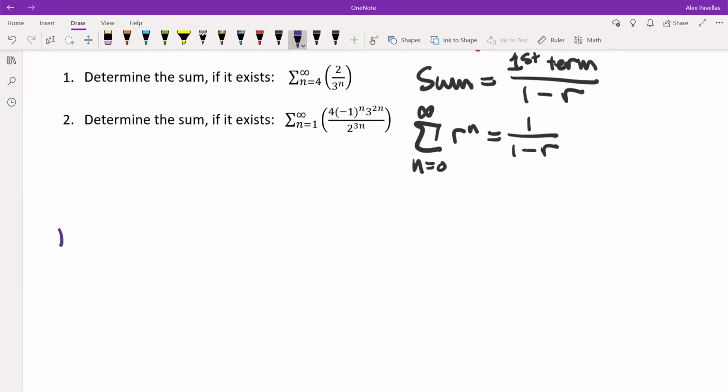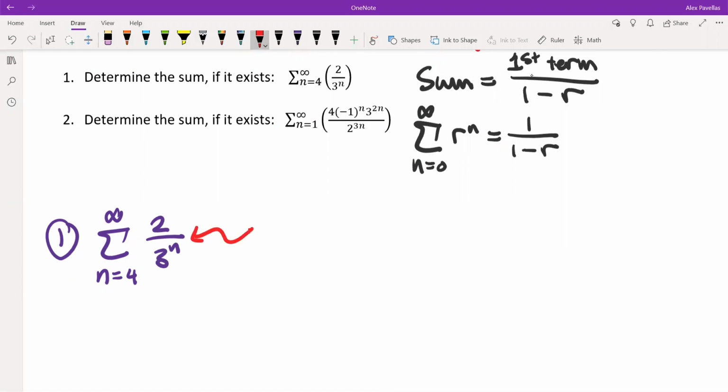So number one, we're looking at the sum as n goes from 4 to infinity of 2 divided by 3 to the n. Okay, so we want to first of all figure out, what is r? Basically we want to rewrite this so it looks more like a geometric series.